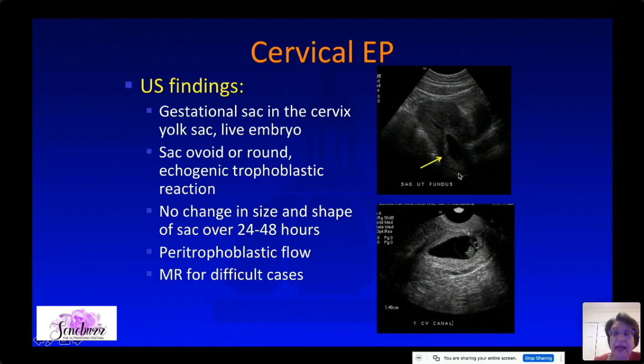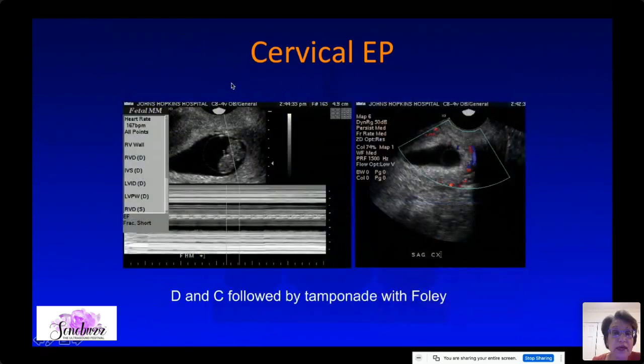If you're not sure whether it's a cervical ectopic or an abortion in progress, you can just get a follow-up. Usually with an abortion, you have some change within 24 to 48 hours, whereas with a cervical ectopic, the pregnancy will not move.